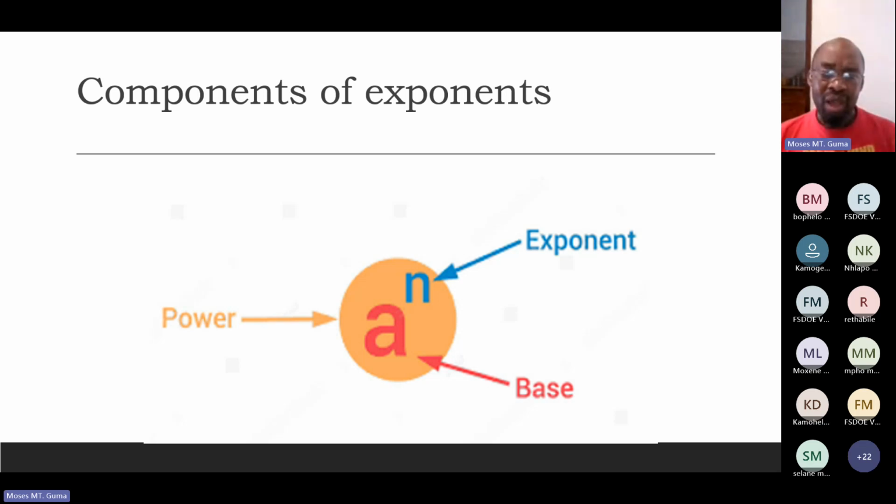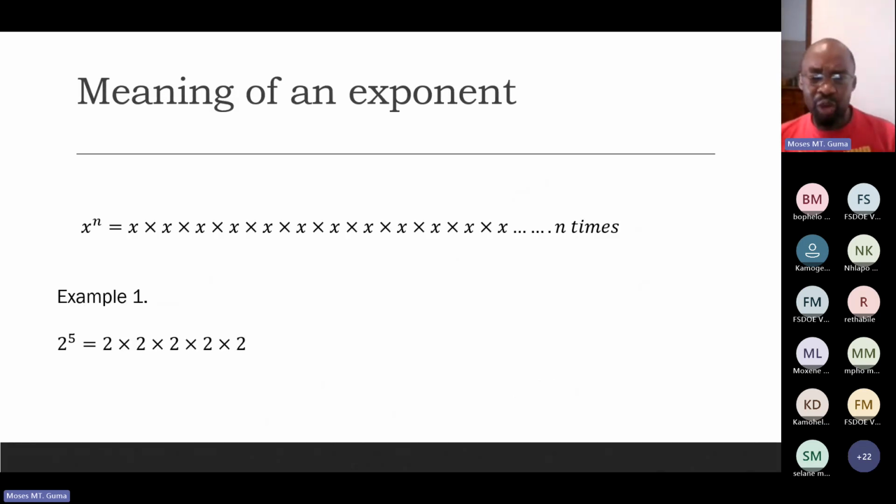Now let's move on. What is the meaning of an exponent? If I write x to power n, remember that x is the base and n is an exponent. What is the meaning of that?